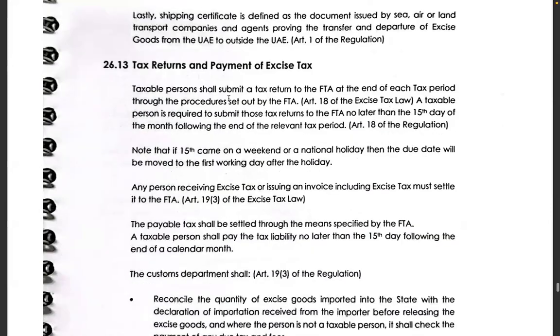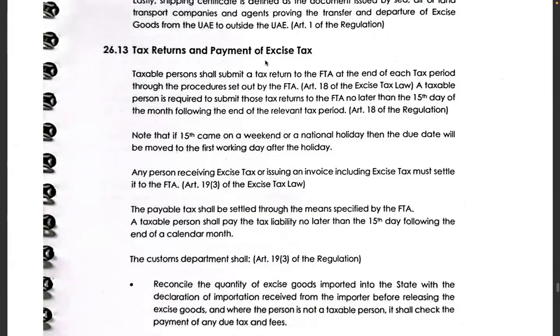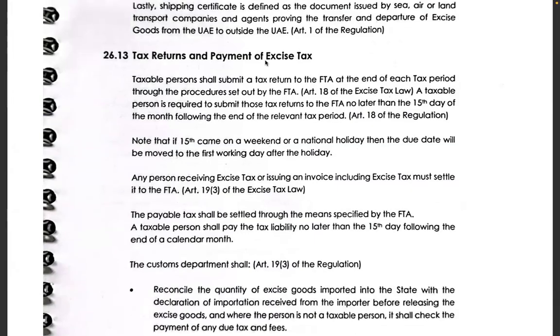Now, another very important topic: tax returns and payment of excise tax. There is a tax return for excise. Taxable persons shall submit a tax return to the FTA at the end of each tax period through the procedures set out by the FTA.